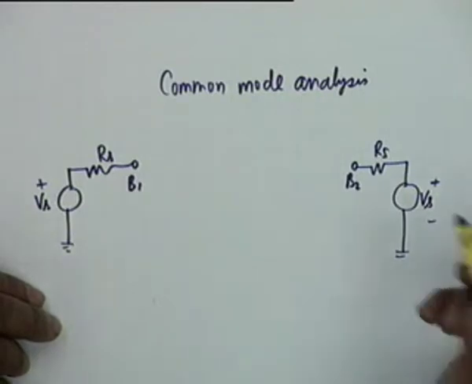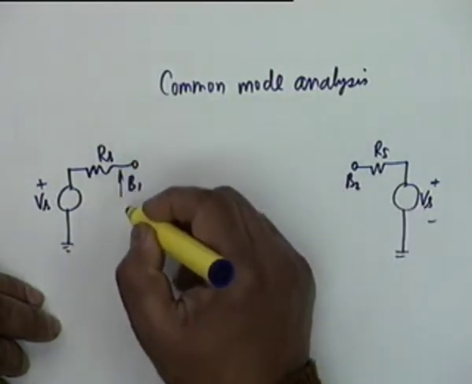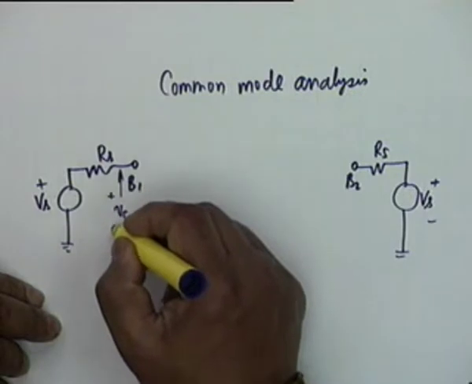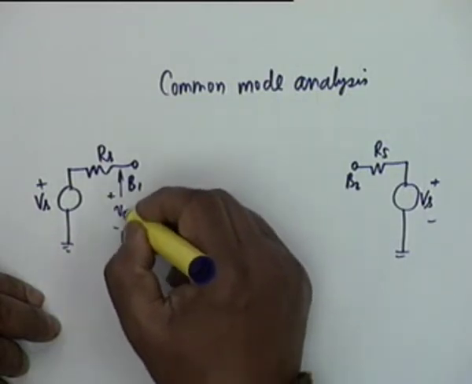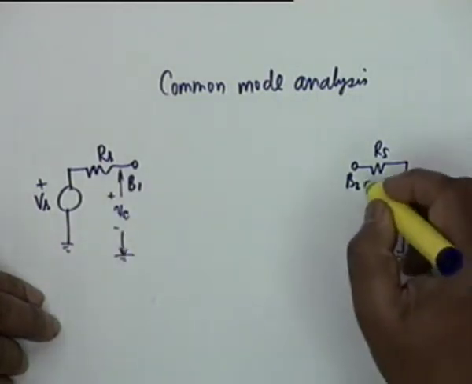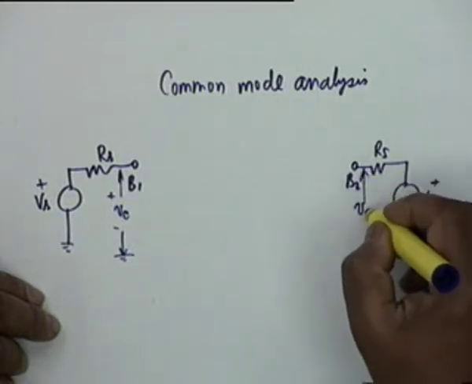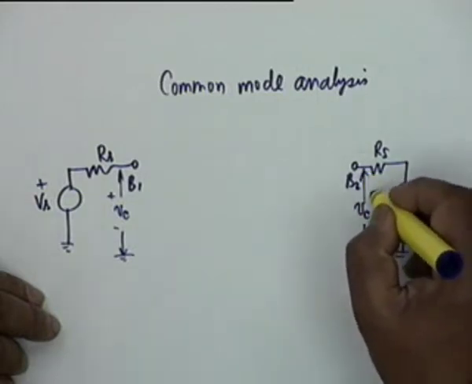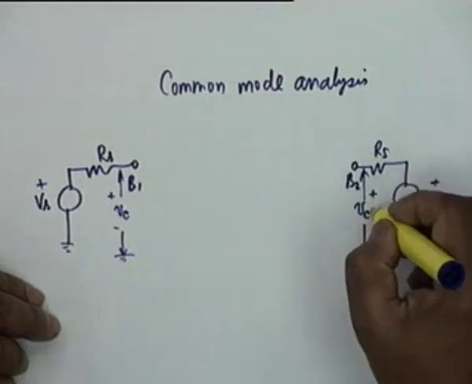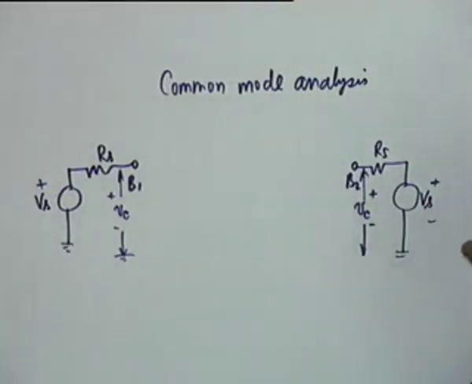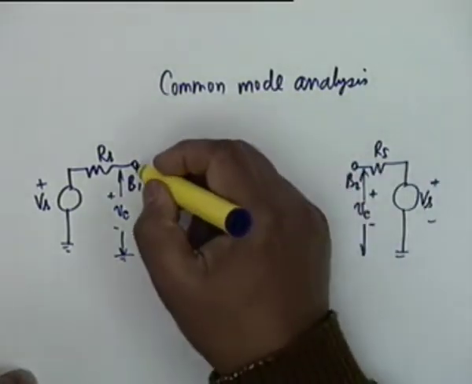We call this voltage small v sub c, and this voltage small v sub c. The polarities shall be identical in common mode; the same voltage is applied to the two bases. The differential output shall be 0, but let's see if there is an output at the collectors.